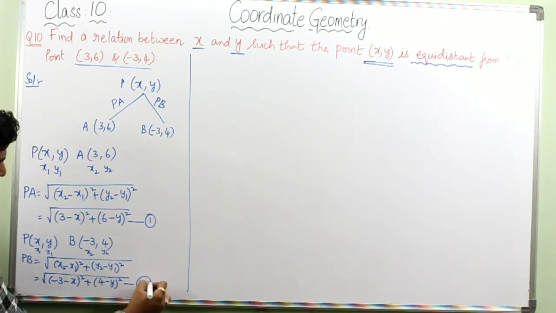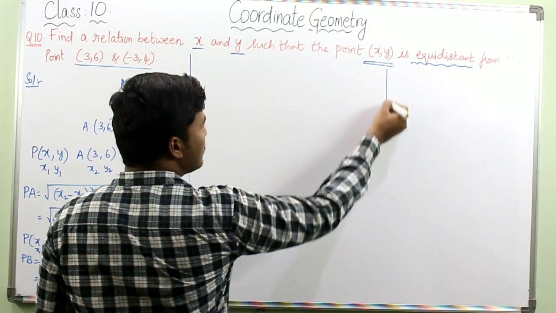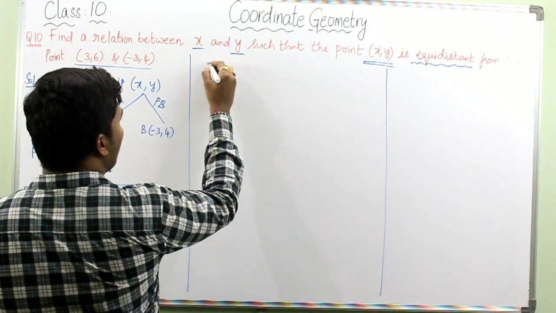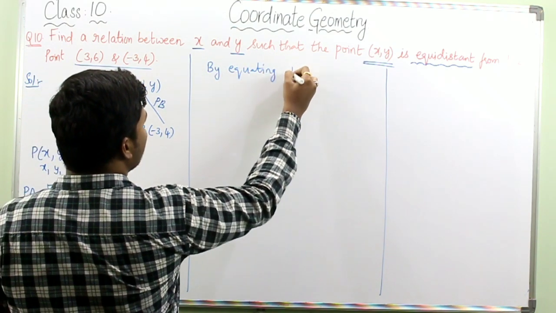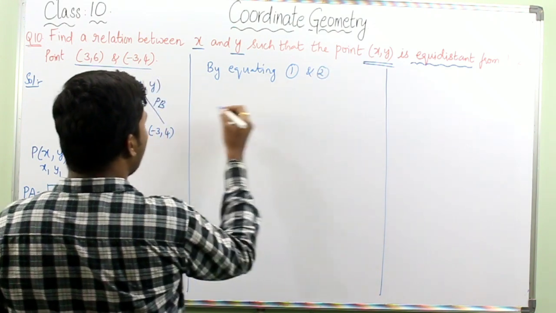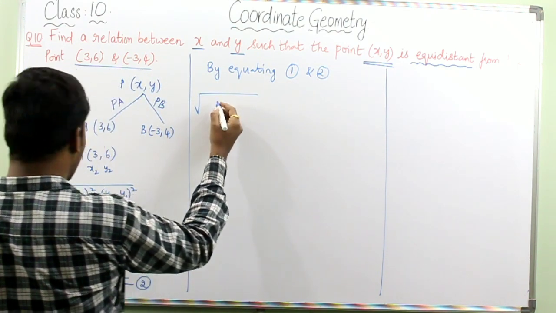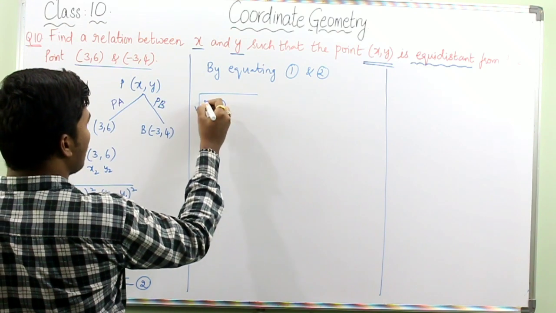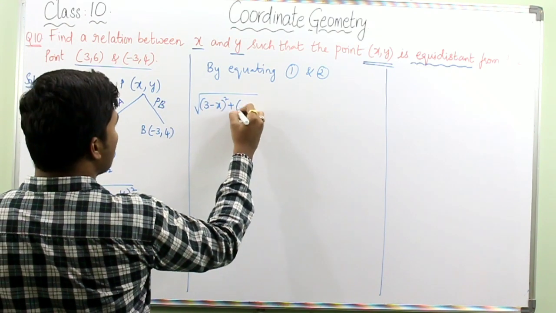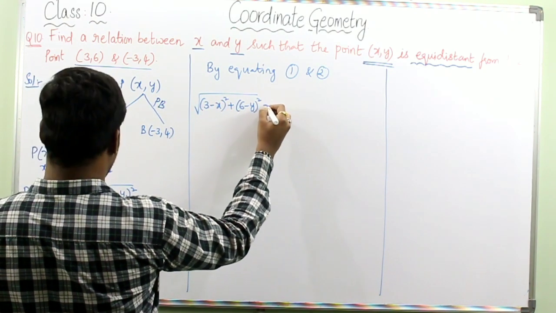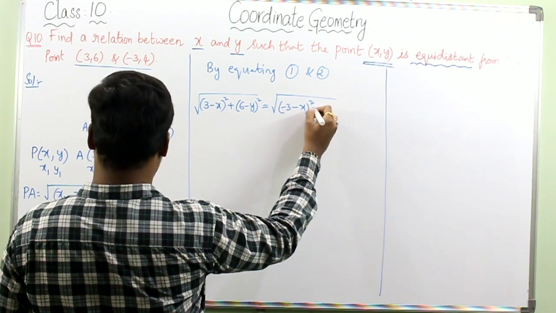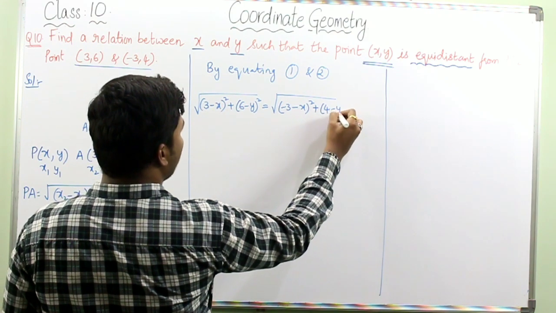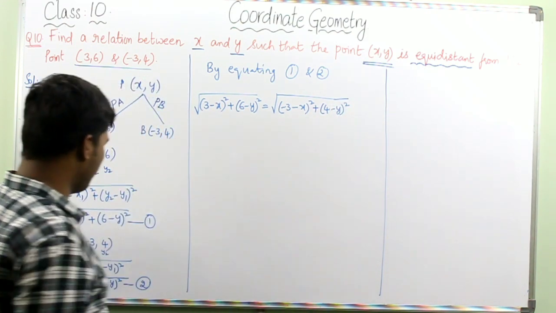This is the second equation. Now as they are equidistant, let us equate them, that is by equating 1 and 2. PA, we got it as the square root of (3 minus x) whole square plus (6 minus y) whole square, is equal to the square root of (minus 3 minus x) whole square plus (4 minus y) whole square.